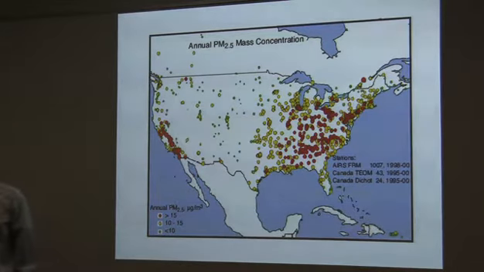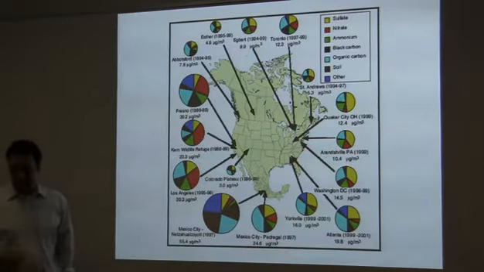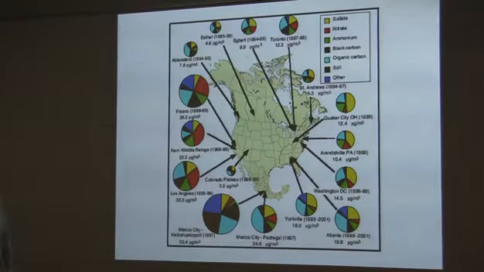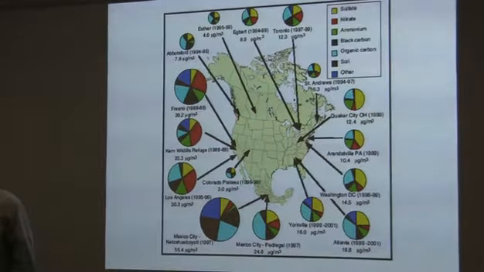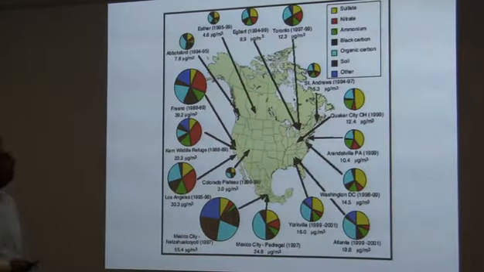And if we ask the question, what's that made of? In the East Coast, there is a lot of yellow that you see. All this is basically sulfate, and here in the West Coast, there is quite a bit of red, and that red is nitrate.